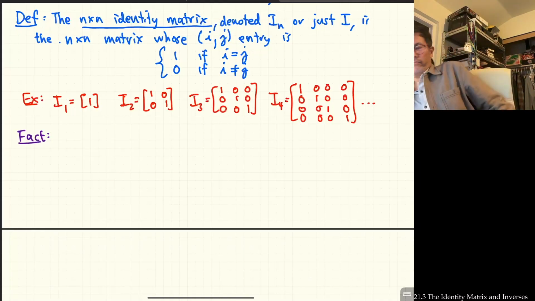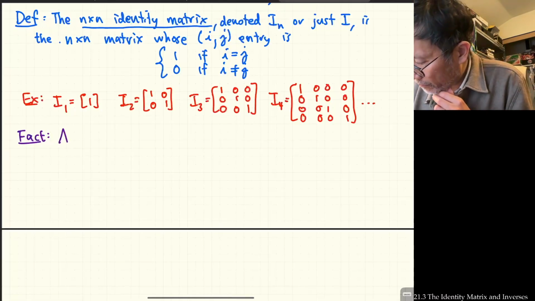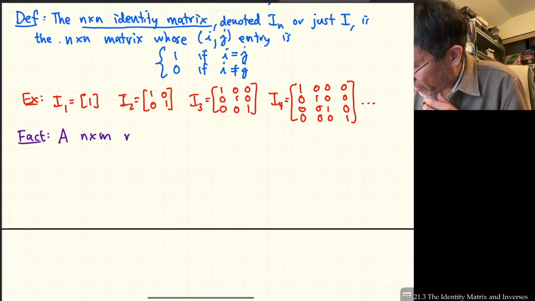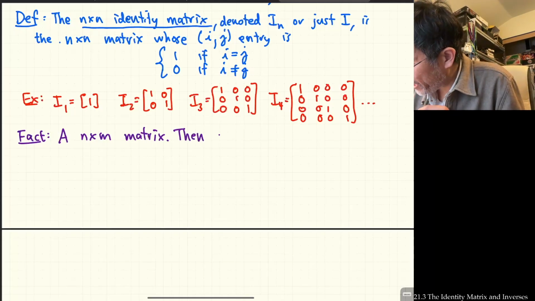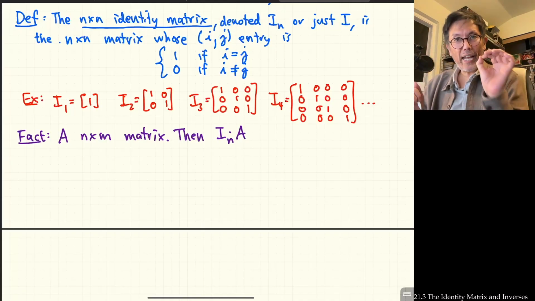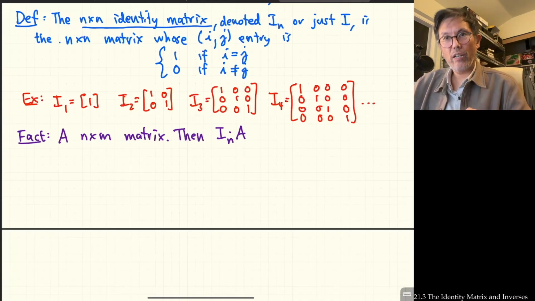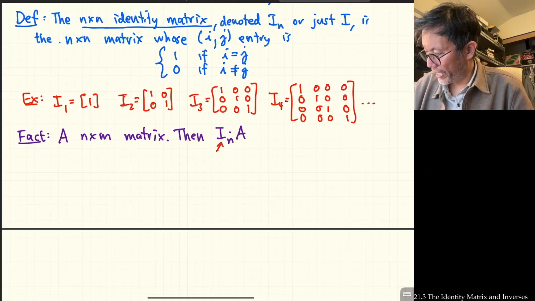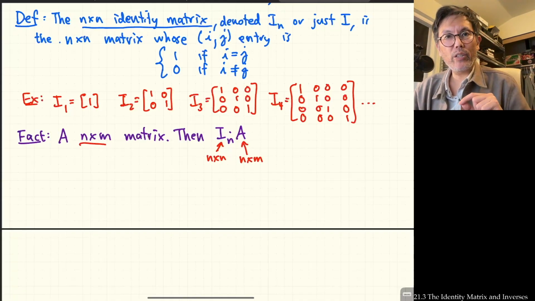If A is any n by m matrix, then if we take I sub n and multiply on the left of A, then this, remember, is n by n, and A is n by m by assumption.